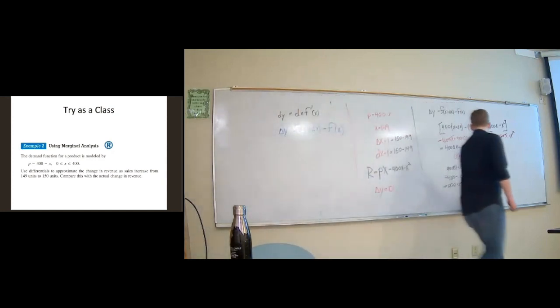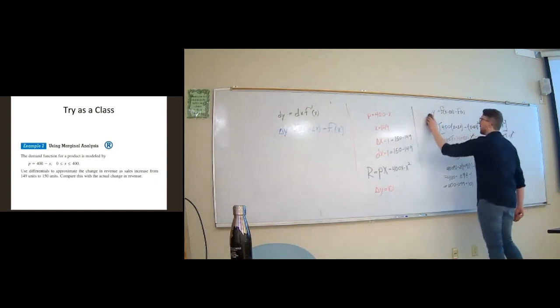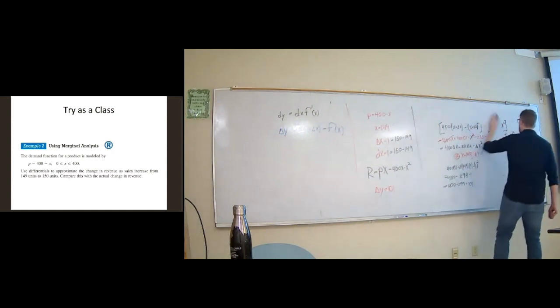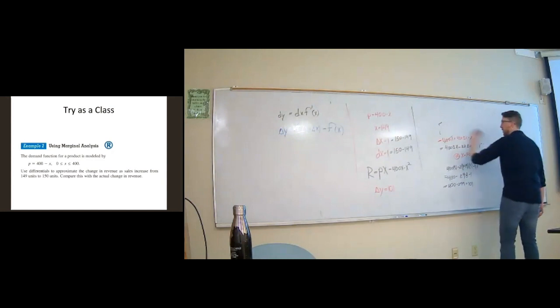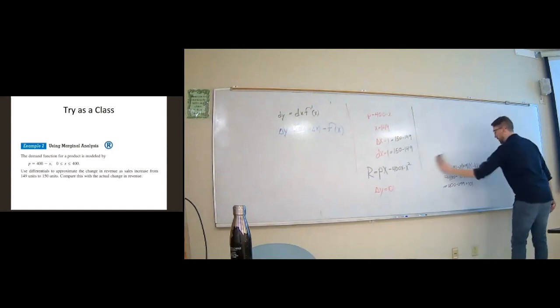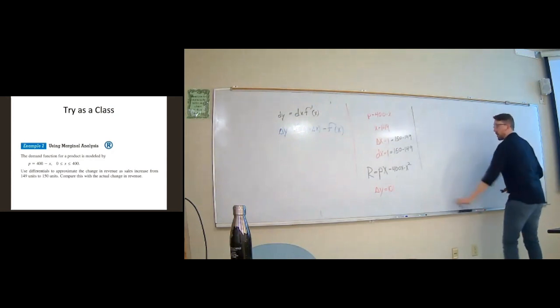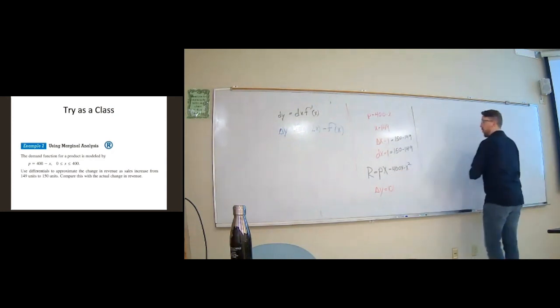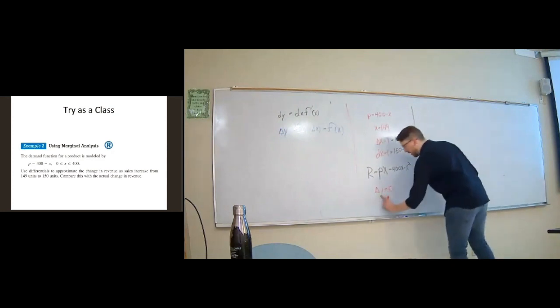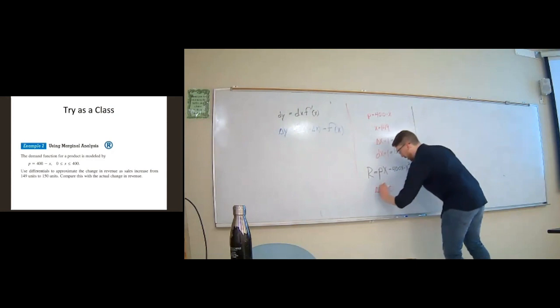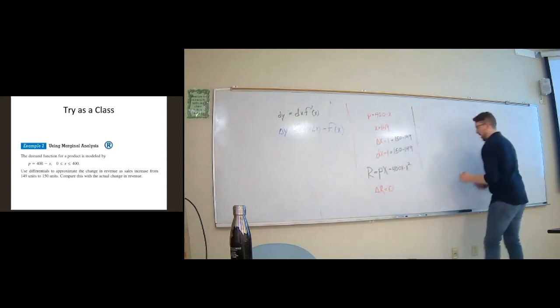Now, we're going to compare that to dy. Again, this is for the revenue function. My mistake, I should have written delta r, not delta y.